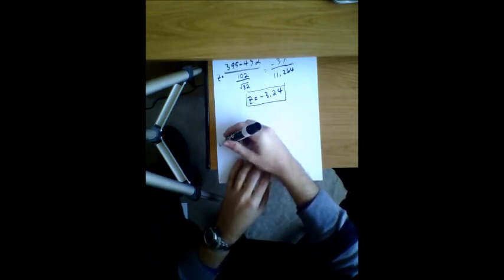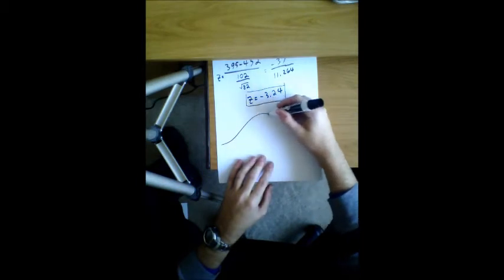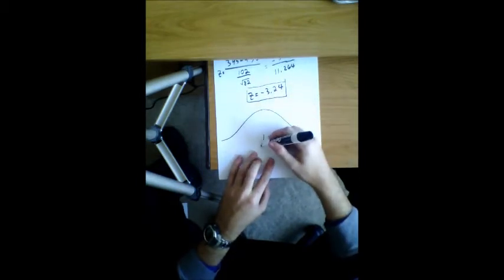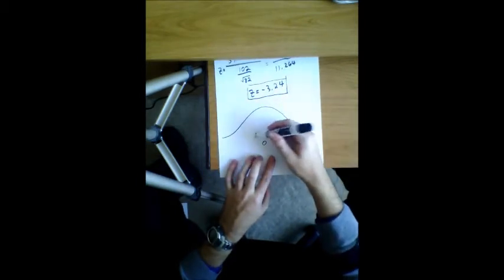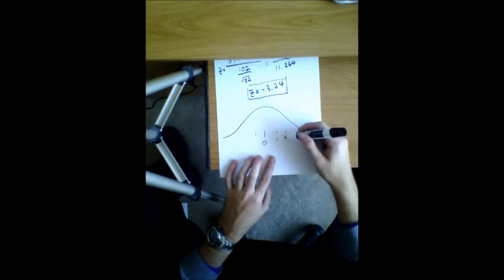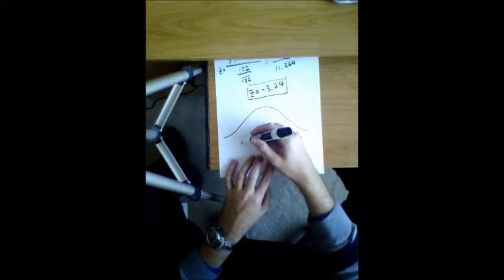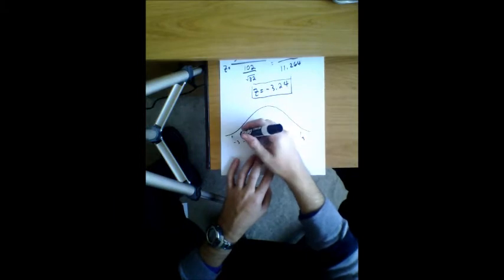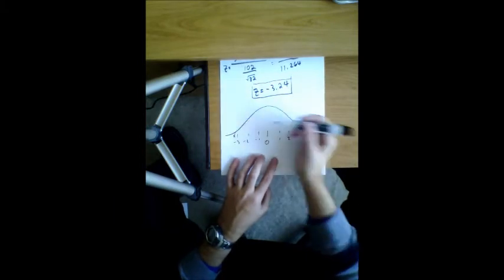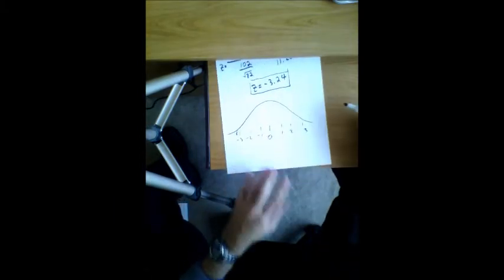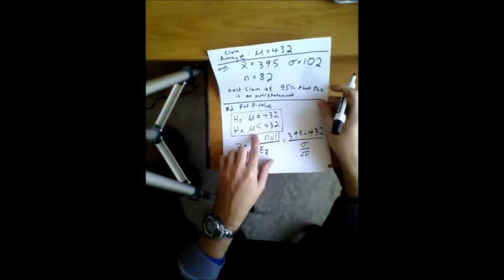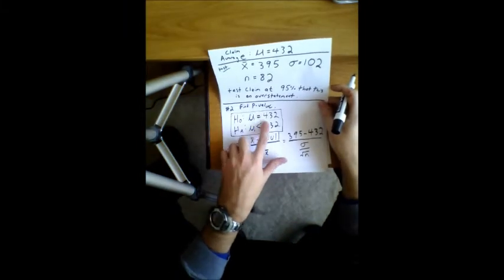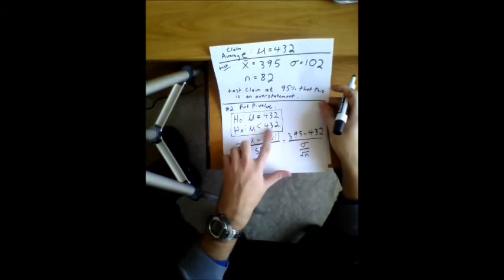Okay, so now they're asking us to find the p-value for this. This is our standard normal curve. So we've got 1, 2, 3 about, and negative 1, negative 2, negative 3. So it's far out here. And the p-value, if you look back at our hypothesis, is the probability that this is actually less than this.